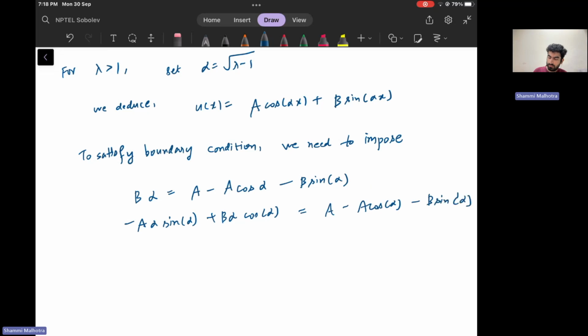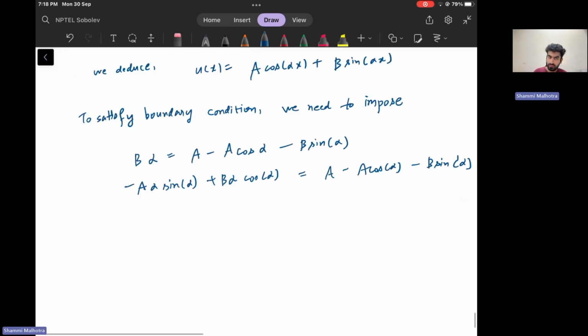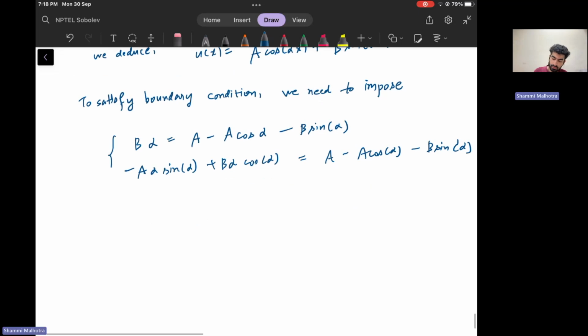So when we put in the conditions, we reduce them in this system.